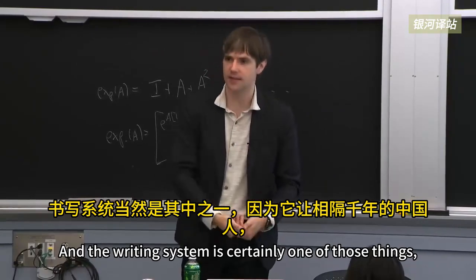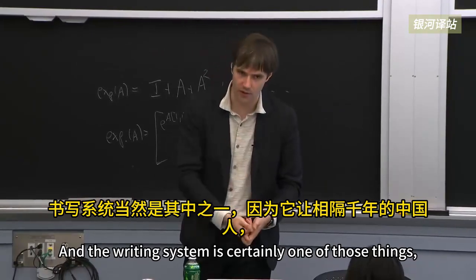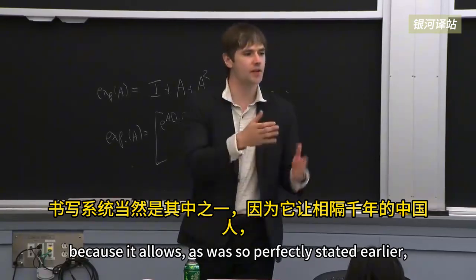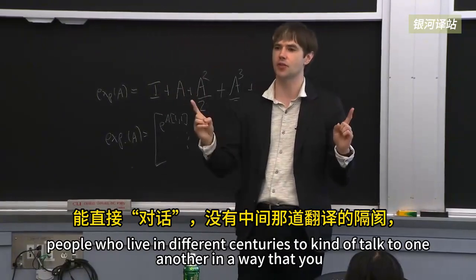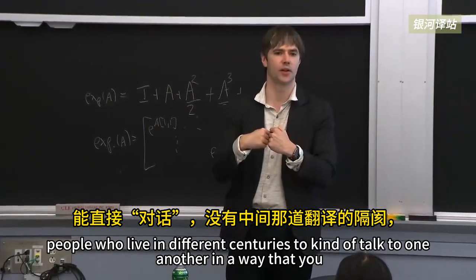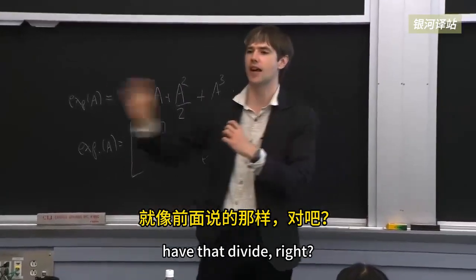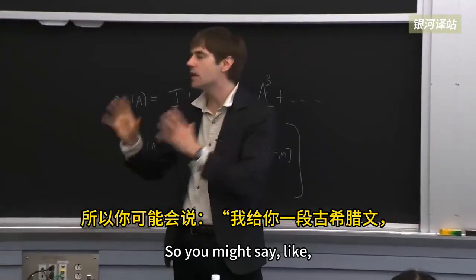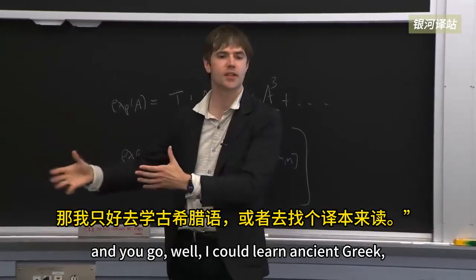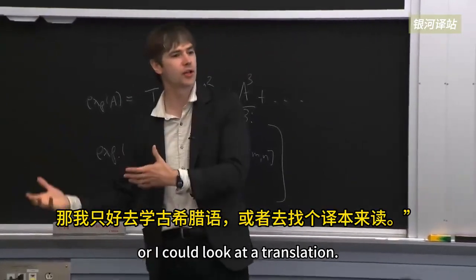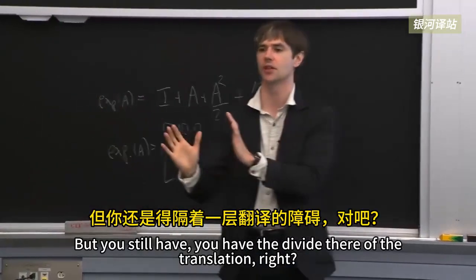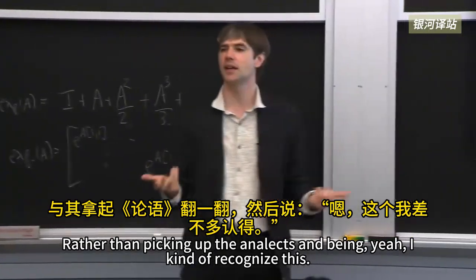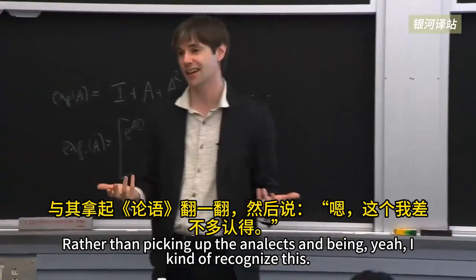And the writing system is certainly one of those things, because it allows, as was so perfectly stated earlier, people who live in different centuries to talk to one another. You might say, I give you an ancient Greek text, and you go, well, I could learn ancient Greek, or I could look at a translation. But you still have the divide there of the translation, rather than picking up the Analects and being, yeah, I kind of recognize this, okay?